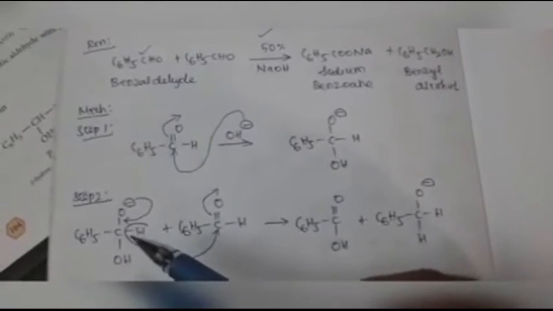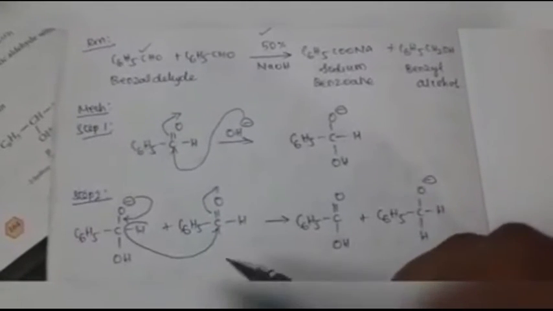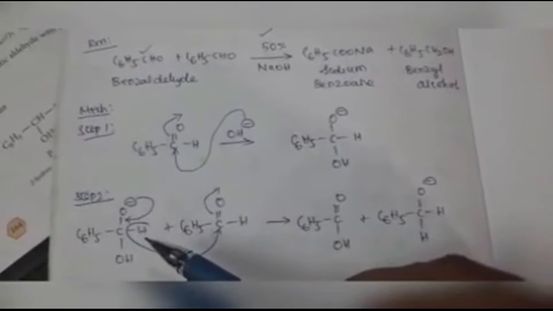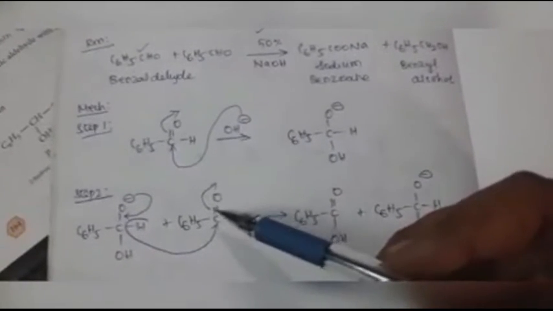So automatically one bond breaks: this hydrogen is removed with its electrons and makes a bond with this carbon, to balance the valency of this carbon. If this bond is formed, automatically this bond comes out and forms O minus.